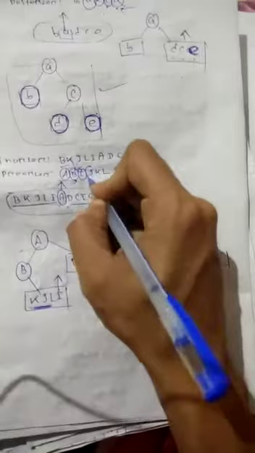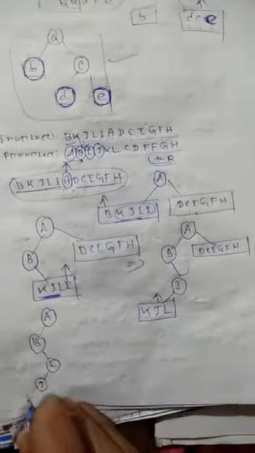Then what is the next node? Next node is J. Where is J? J is here, go to the upper. Then if you draw this again, this is your A, then B, B's right side I, then I's left side is J, and J's left side K and right side L. What is the next root?